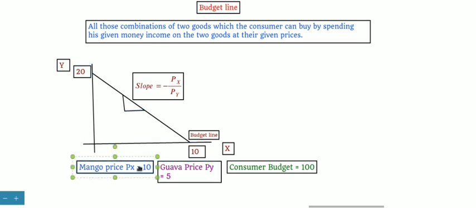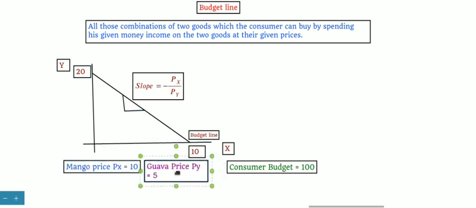So when we know the mango price and guava price, that is x and y axis quantities, prices and the consumer budget, we can easily draw the budget line, and we can find the slope of this budget line as minus px divided by py, where px is price of x, price of mango in the given example, and py is representing price of guava in the example.